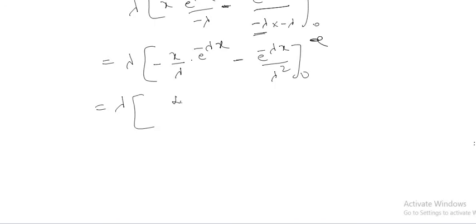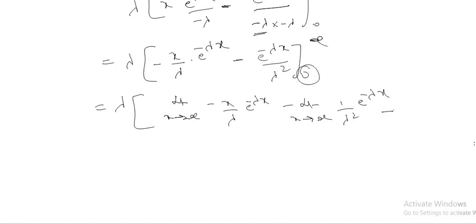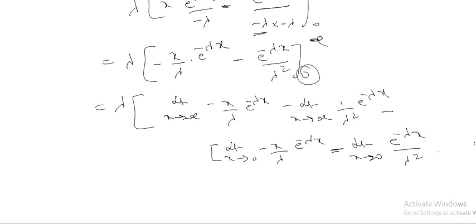That means limit x tends to infinity of minus x by lambda e power minus lambda x, minus limit x tends to infinity of 1 by lambda square e power minus lambda x, minus of substituting 0: limit x tends to 0 of minus x by lambda e power minus lambda x, minus limit x tends to 0 of e power minus lambda x by lambda square, whole bracket.